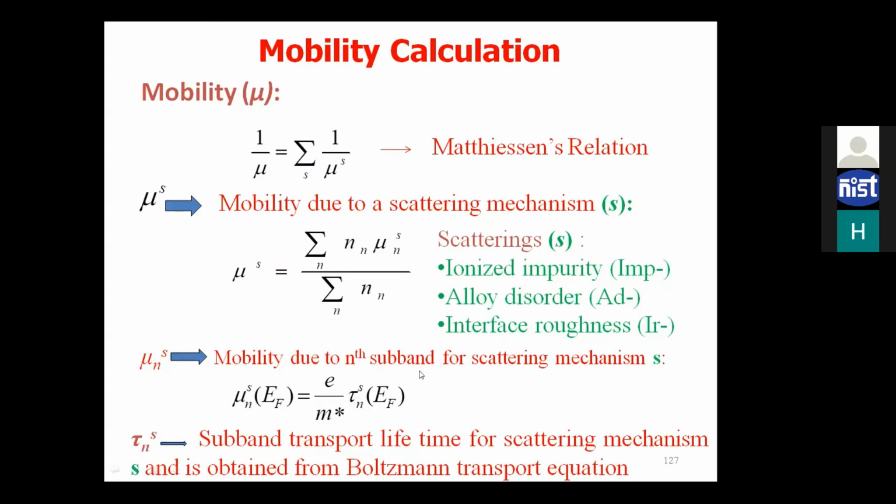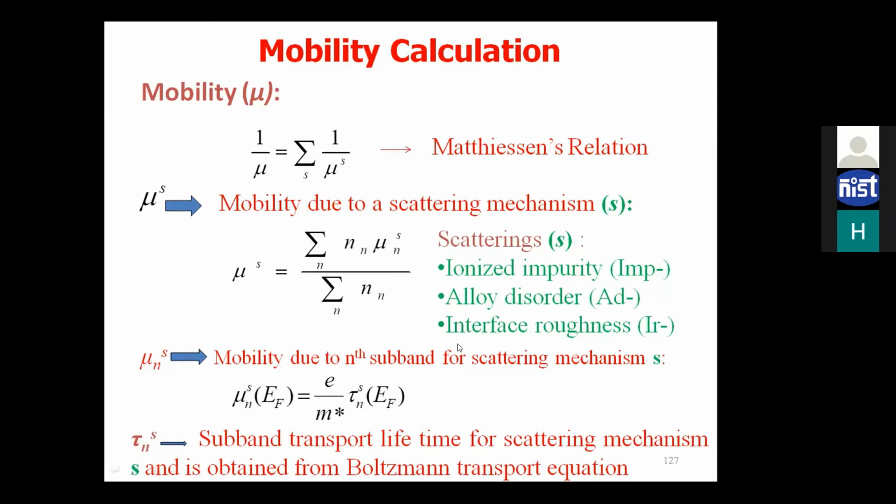If you solve the BT, that is the Boltzmann transport equation, which I will show you, you will get the mobility as a function of the Fermi level, because at T equal to 0, the electrons present at the Fermi surface contribute to the mobility. That's why the mobility is a function of the Fermi level. This is equal to e by m star tau_n(S), where this tau_n is the subband transport lifetime for the scattering mechanism, and that can be obtained by using BT.